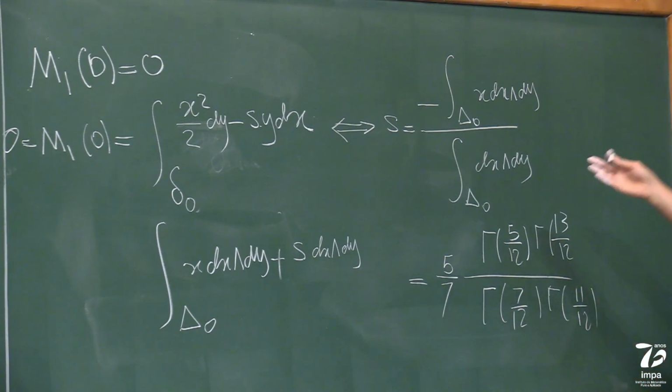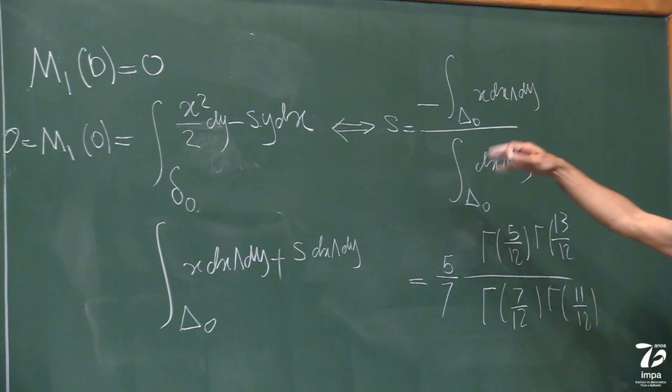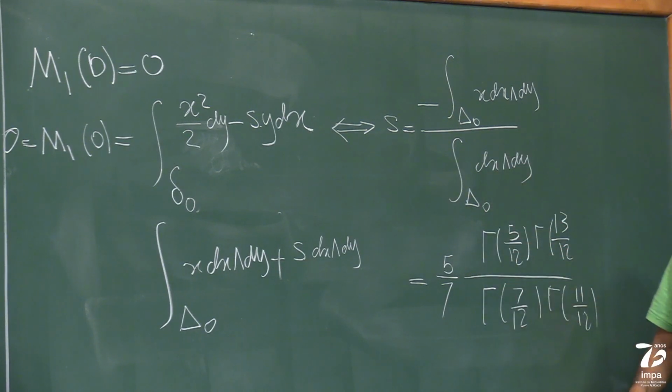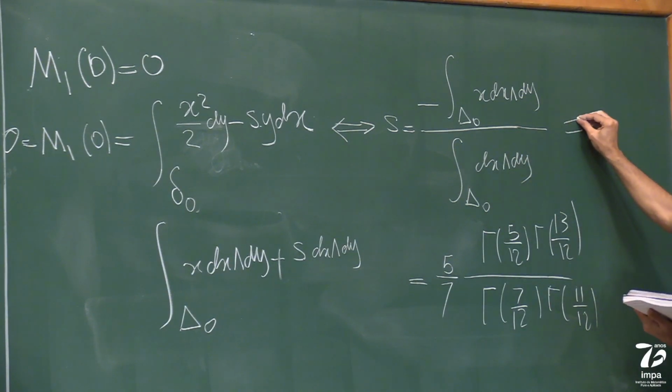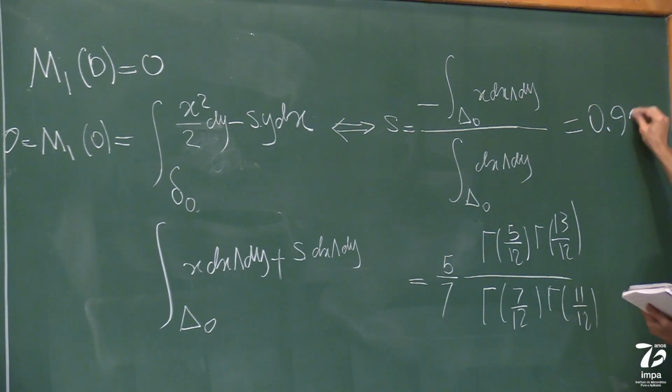For example, if you put it in Mathematica, the algorithm has implemented a lot of formulas, so it will give this formula in terms of the gamma function. And of course, even without this, you can compute this number. It will be 0.9, 0, 25, and so on. So it's a transcendental number a priori.